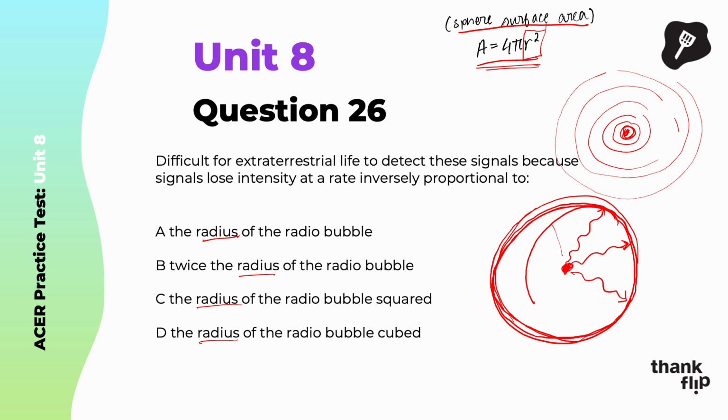And so just looking at proportionality, we're going to be losing intensity of our signal inversely proportional to r squared. And it's inversely proportional because the larger the surface area gets, the lower the intensity. So that's why it's inversely proportional. And so that's why the answer here is C.